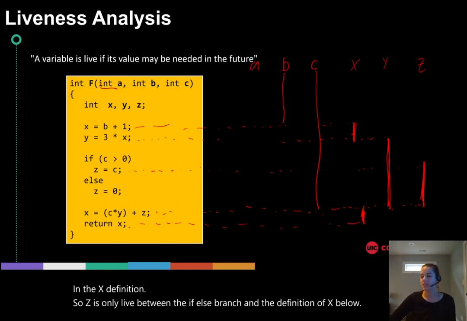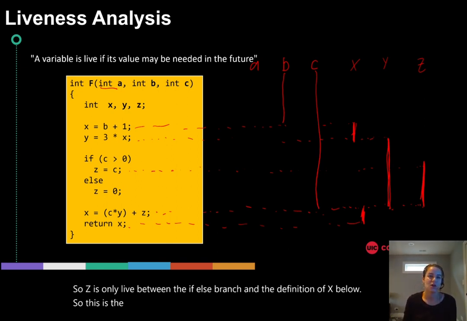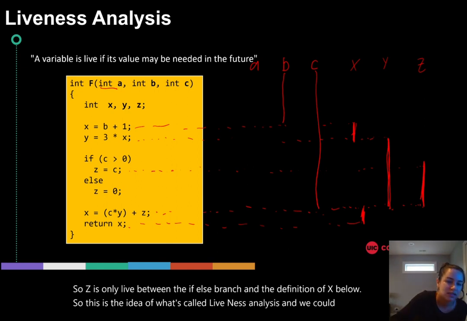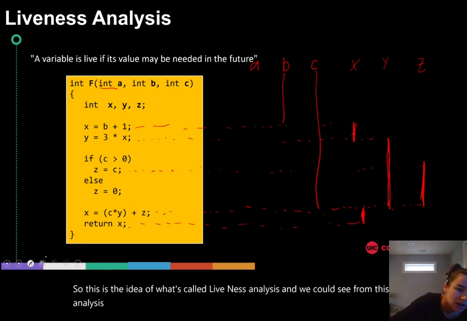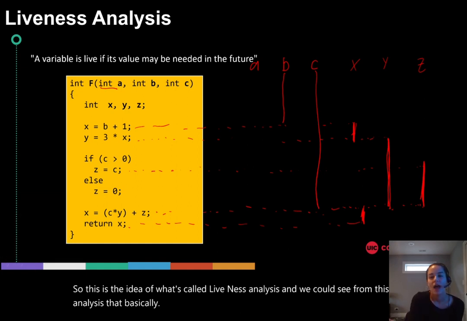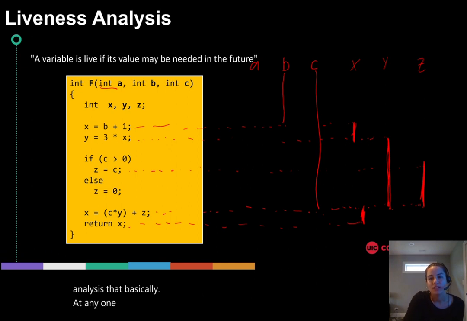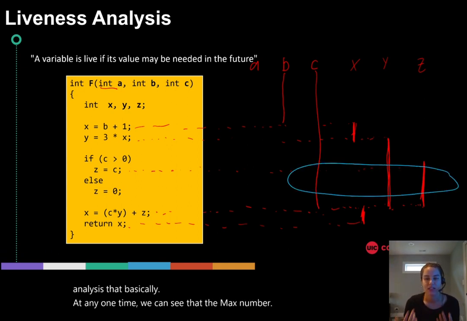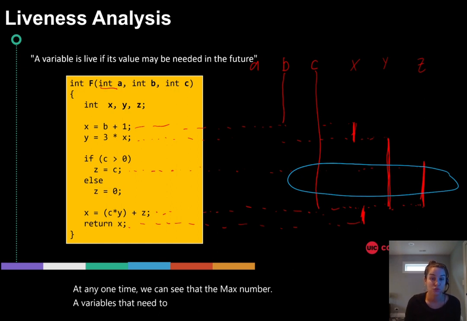So this is the idea of what's called liveness analysis. And we could see from this analysis that at any one time, the max number of variables that need to be known is just 3.